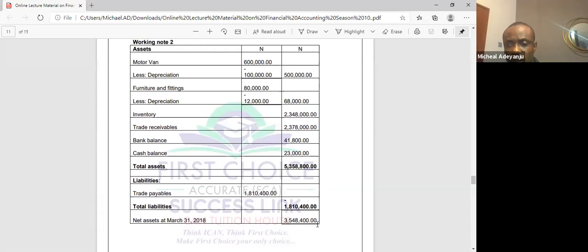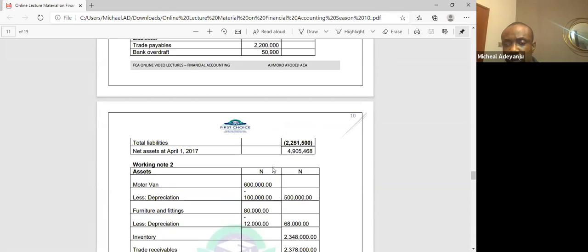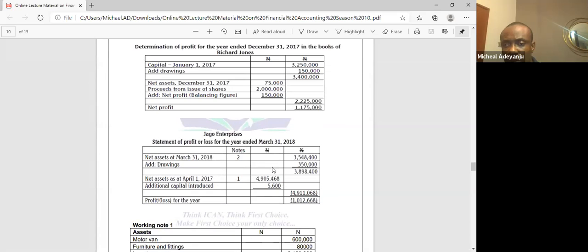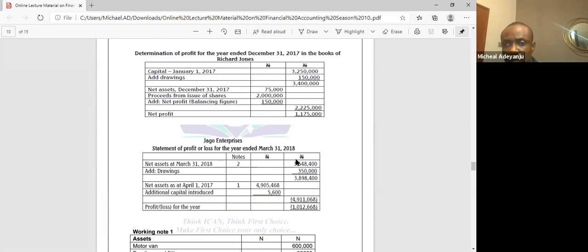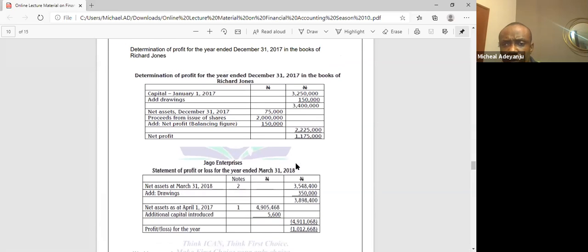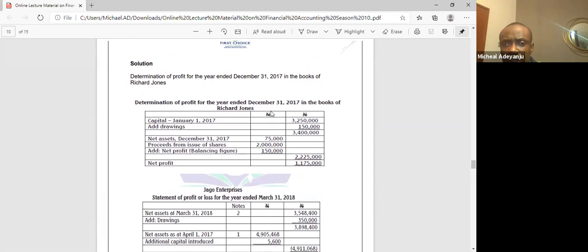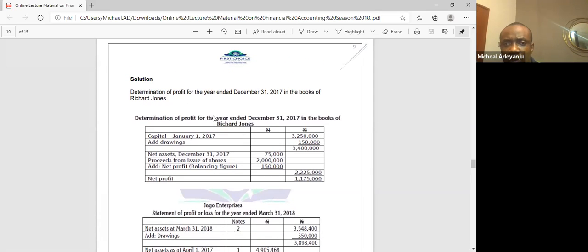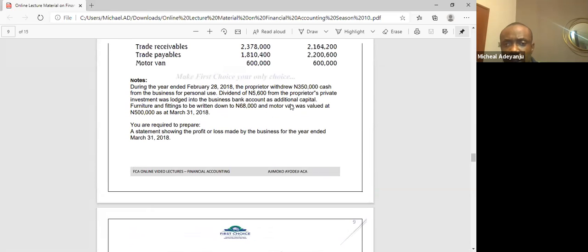So we have our net assets here to be 3,548,400. This is for Django, and this is for Richard. And we are looking to determine the profit for the year in the book of Richard.